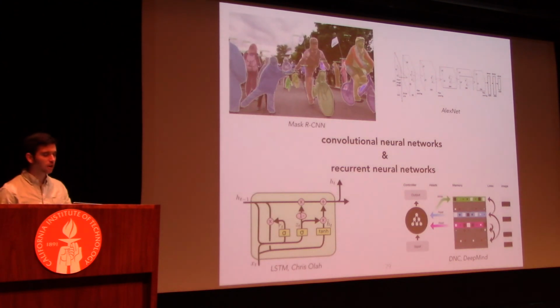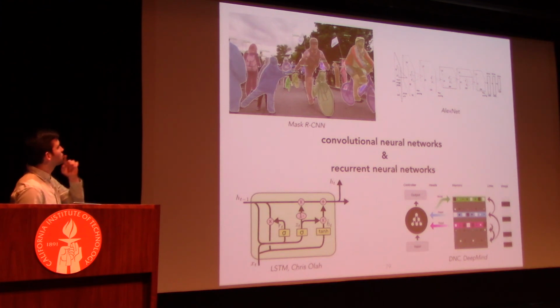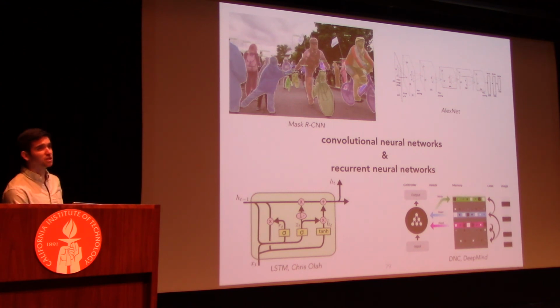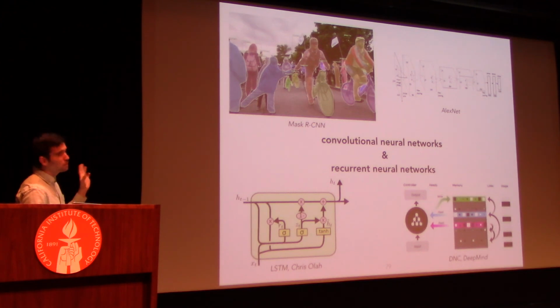So next time, I'm going to be giving a lecture on Tuesday, and we're going to be talking half the time about convolutional neural networks, and the other half the time about recurrent neural networks. Up above, I just want to highlight that this is kind of the state of the art right now for object detection and segmentation. And you see that the individual people, individual bicycles have been segmented out.